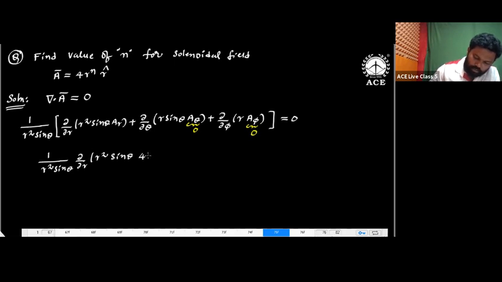What is A r? 4 into r to the power of n, is equal to 0, beta. Bring the constants outside, 4 sine theta outside, divided by r square sine theta, dou by dou r of r to the power of n plus 2 is equal to 0.